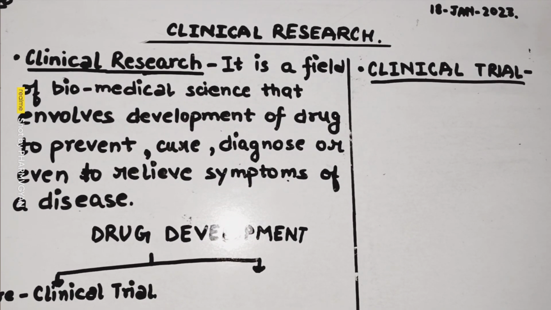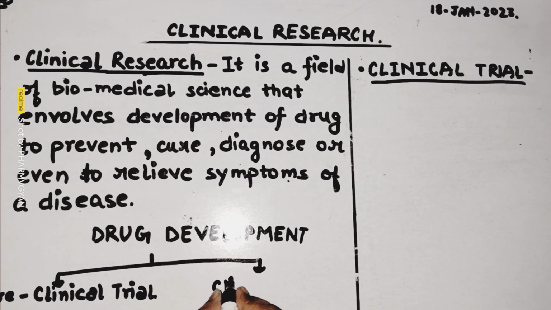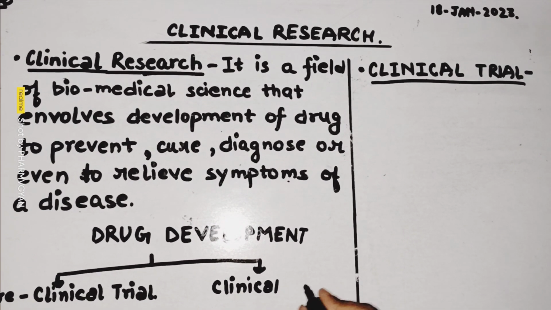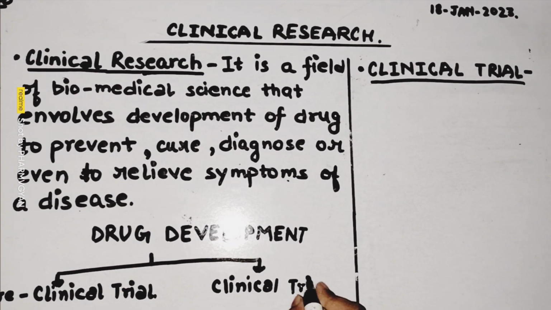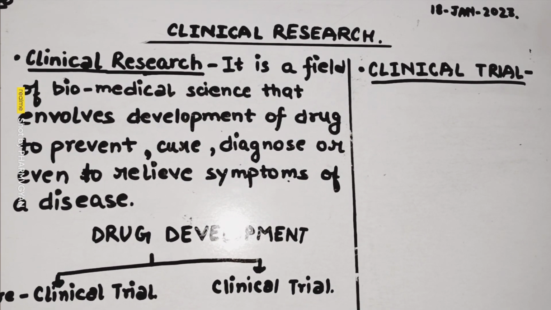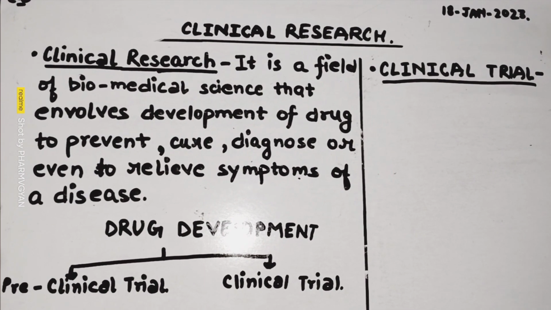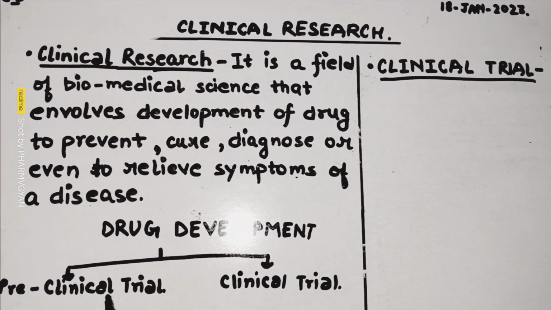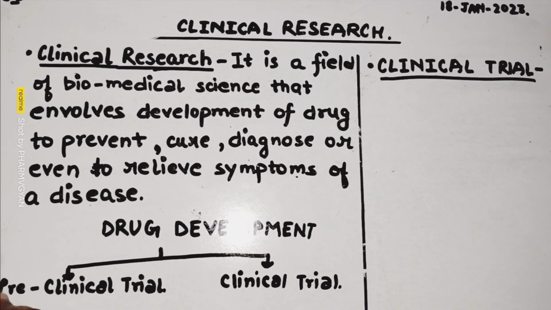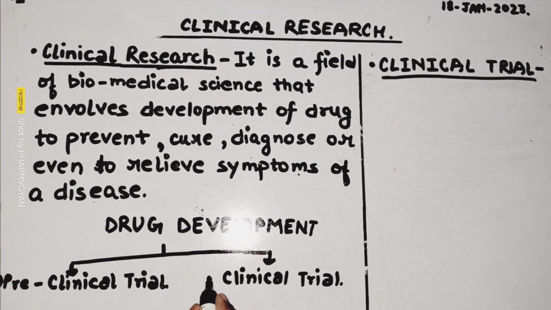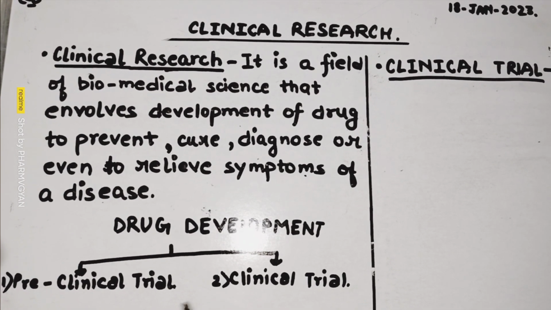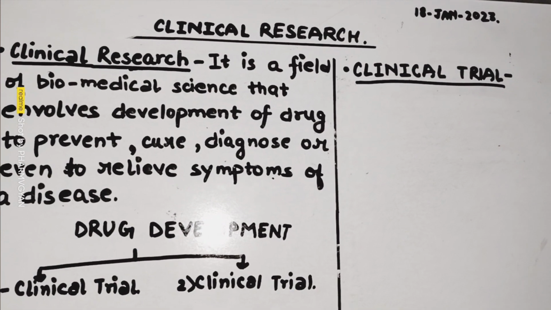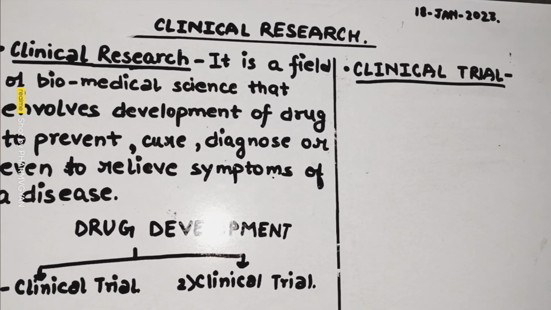Second is the clinical trial. Drug development includes two processes: first, preclinical trial; second, clinical trial. Now we will learn what are the phases included in the clinical trial.